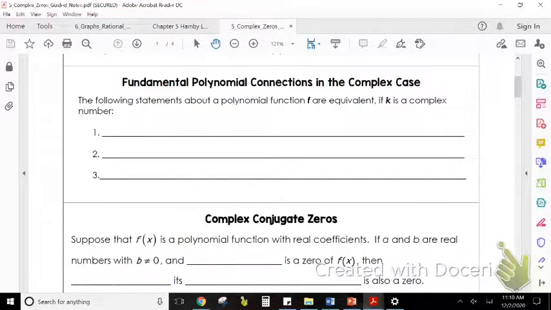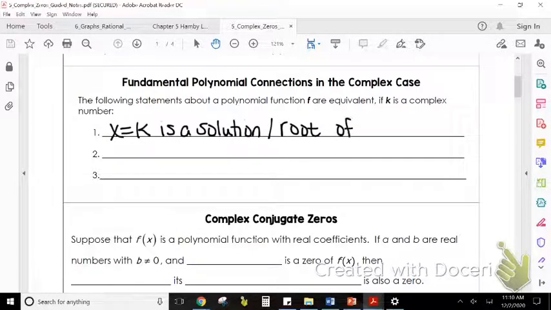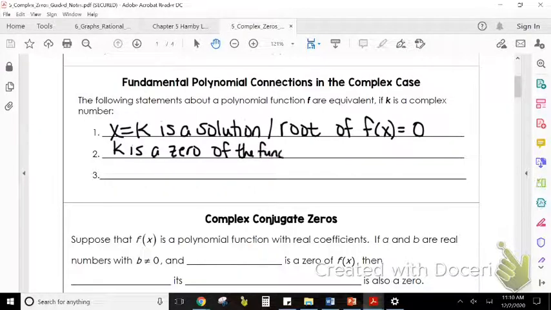Then we know that x equals k is a solution or a root of f of x equals 0, that k is a 0 of the function f, and that x minus k is a factor of f of x.